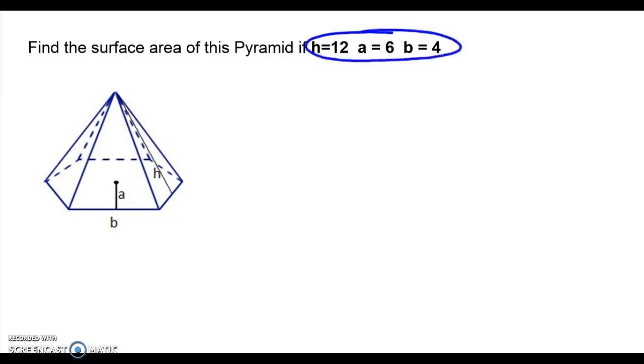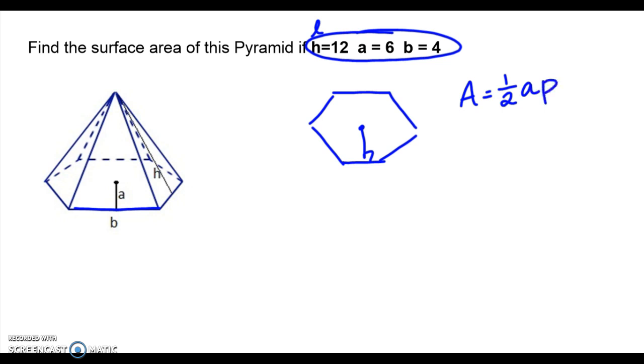They gave us the height, or we'll call it the slant height because technically it's the slant height, is 12. The apothem of the base is 6, and the base length is 4. So first, if we are going to find the area of our hexagon, if you remember from our other lessons, area equals 1/2 A times P. They gave us what our apothem was, which was 6.